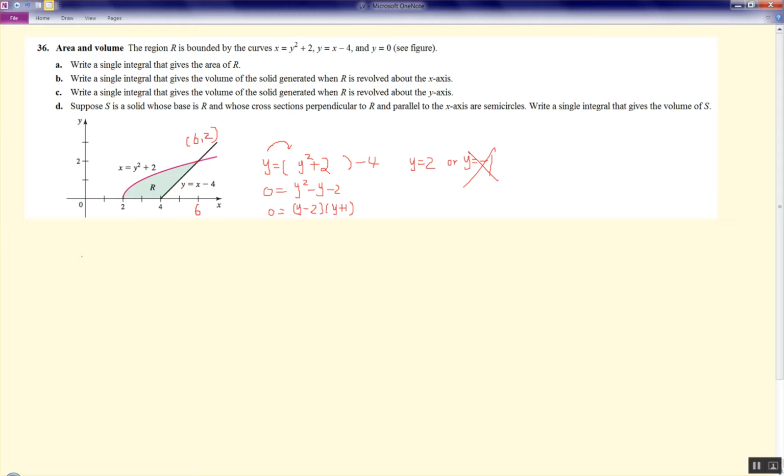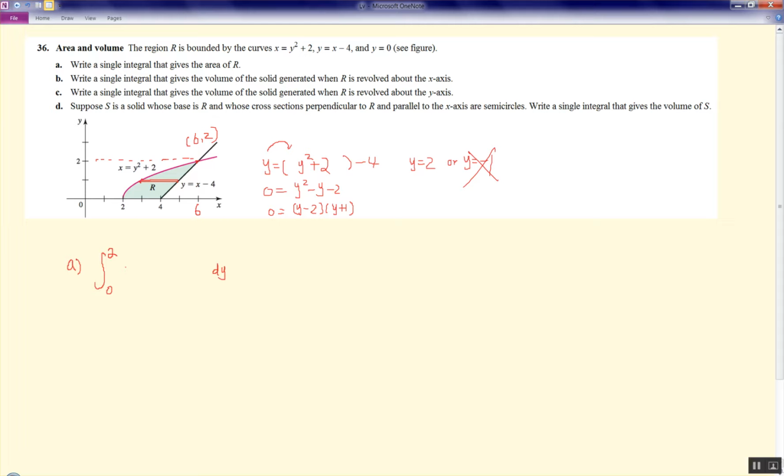Okay. We have done enough preliminary work, so we can now continue with part A. As we discussed before, we have to slice this region horizontally so that we have just one single integral for the area. And this slice can be made from 0 to 2 in this region. Therefore, the limits are 0 to 2. The way we slice it horizontally means we are integrating with respect to y.